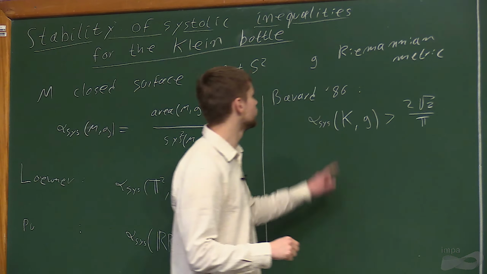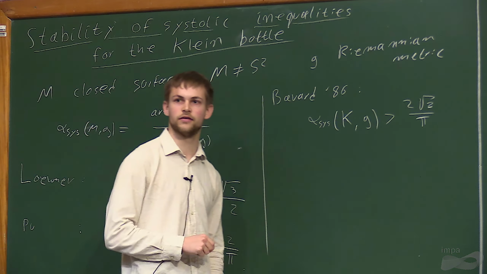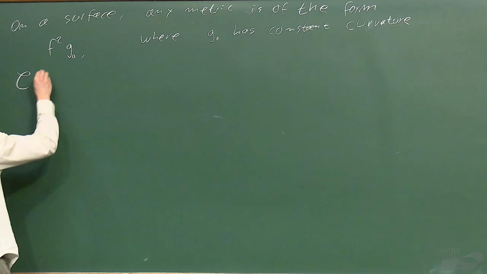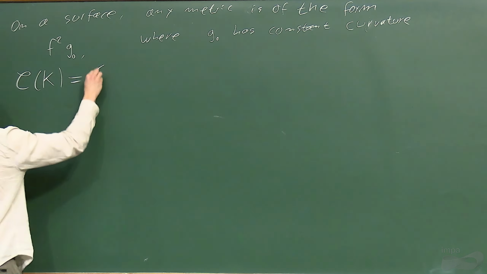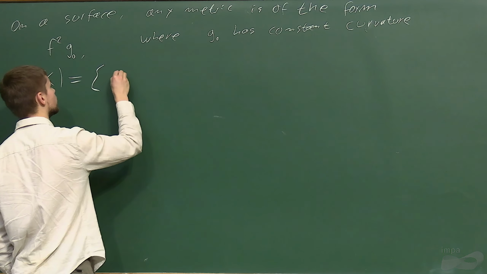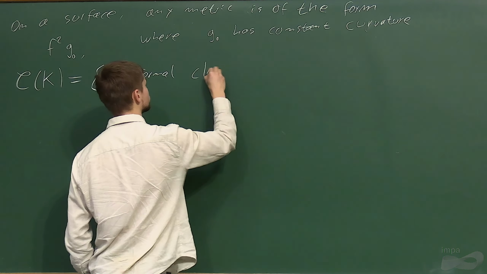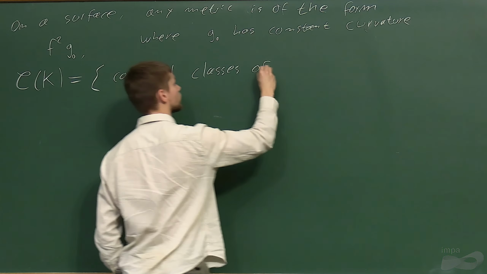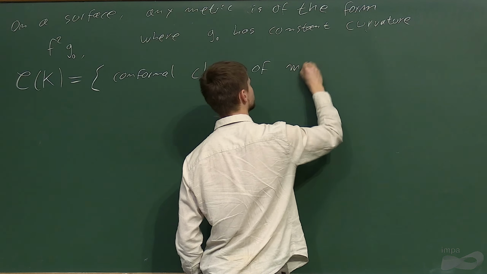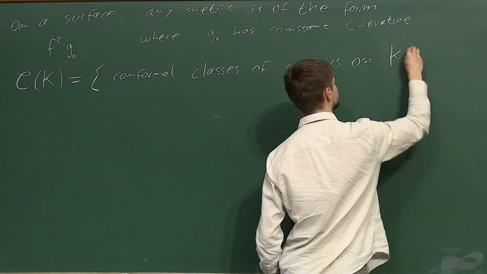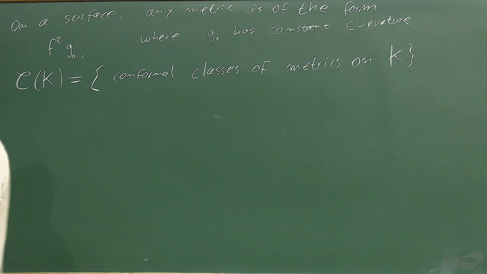So if we want to look at the Klein bottle, it's useful to understand the structure of the space of conformal classes. So we denote with C(K) the space of conformal classes of metrics g on K. And so by the conformal representation theorem, we know that every conformal class has some metric of constant curvature.